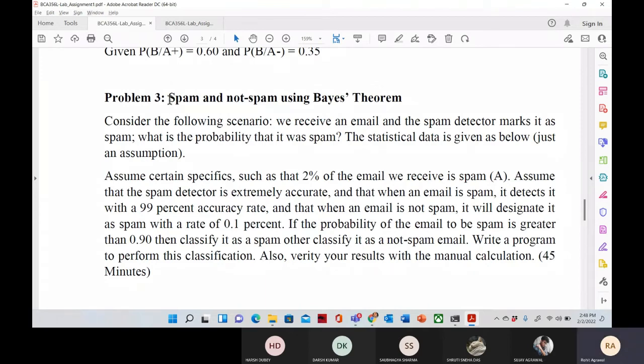This time, we just need to classify whether an email is spam or not spam. Generally you receive an email. What Google does, based on the content of the email, is use a machine learning algorithm to extract the content.